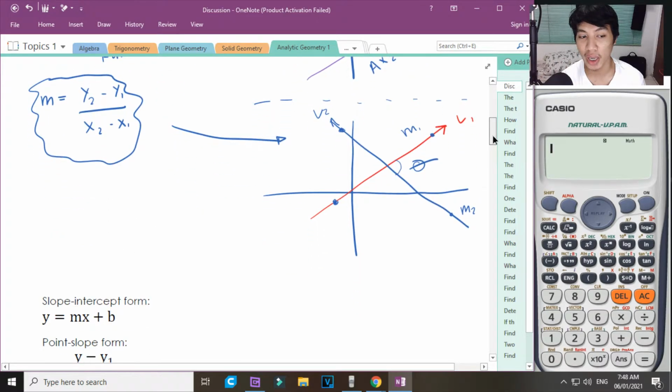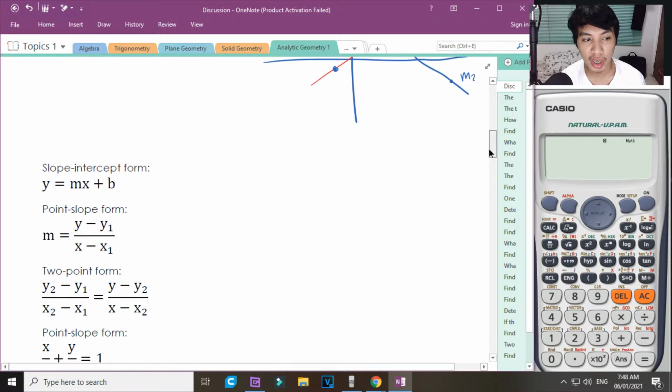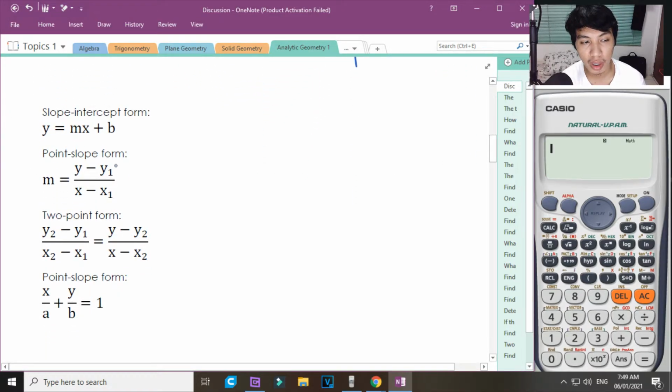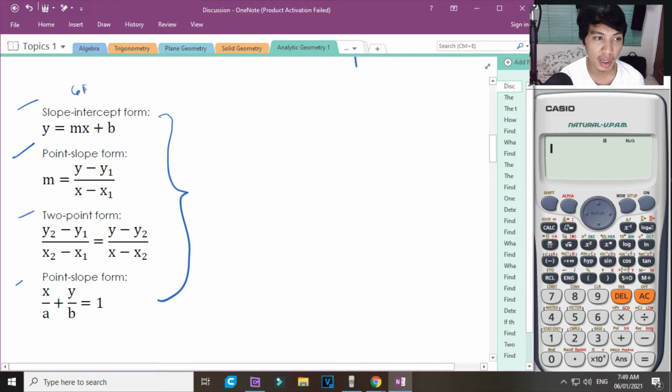It is painstaking, yes. But we are given different forms in order for you to get the formula for your slopes. Ngayon, ang binigay ko sa inyo is a point slope form. But tandaan nyo that in order for you to get the general equation of the line, kailangan mo tong apat na to.